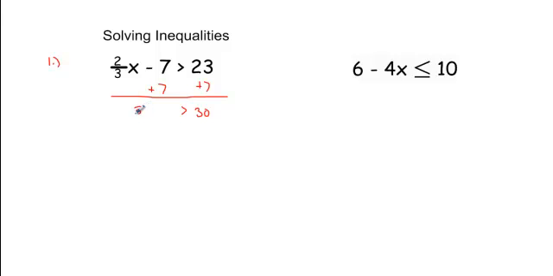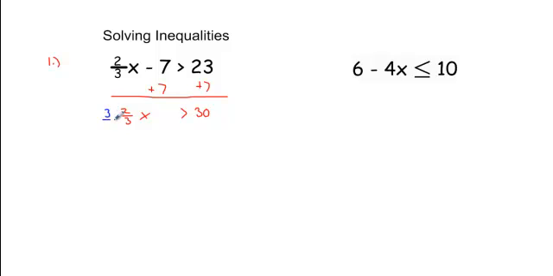Bring down the inequality sign, and this should read 2/3 x is greater than 30. Now I could get rid of the 2/3 in 2 steps. I could multiply by 3 perhaps and then divide by 2, or I could do this all in one step. Remember reciprocal.